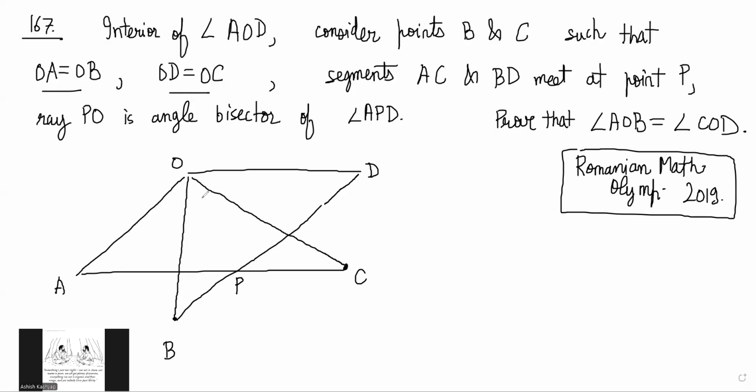And ray PO is the angle bisector. So join PO, the angle bisector of APD. Nice. So they are saying that this angle is equal to this angle. Right? Correct, no? Yes sir. So, okay, I will not write it right now. This is the situation.